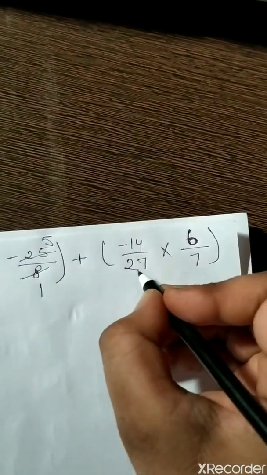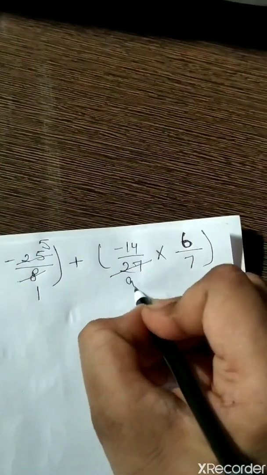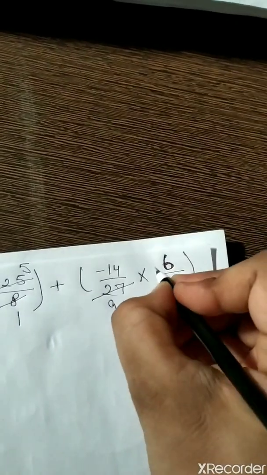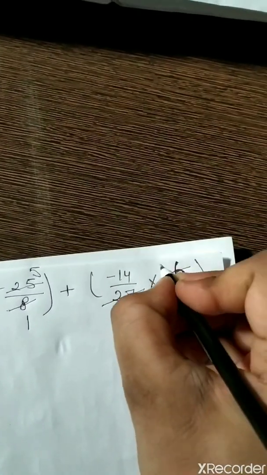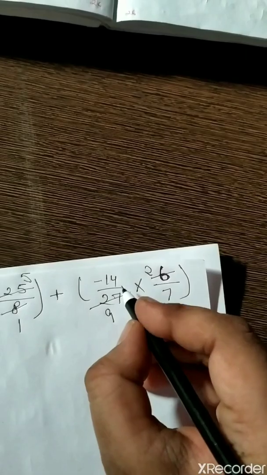Then you will cut 3 into 9 times, and in the numerator also, both numbers you will cut with the common factor. 3 is the common factor of 27 and 6. In the same way, the common factor of 14 and 7 is 7 only, 7 into 1 time, and here 7 into 2 times, and 3 into 9 and 3 into 2 times we have cut.